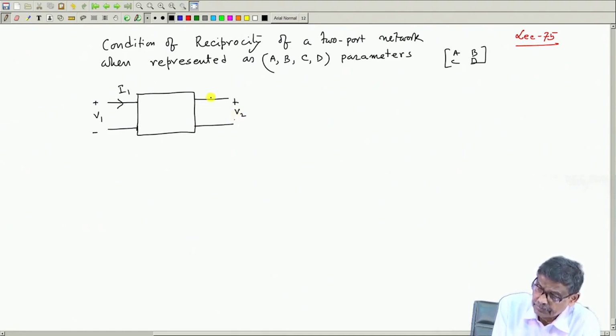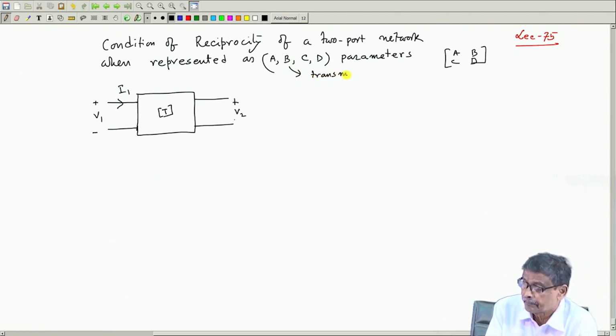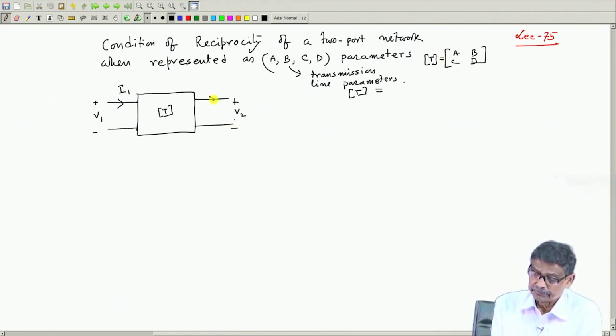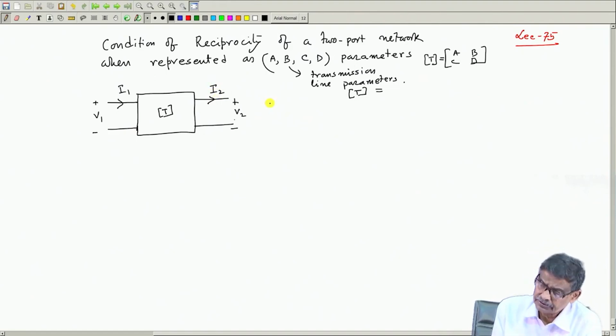In case of ABCD parameters, which are also called T parameters or transmission line parameters, I should be careful about this I2: it is assumed always positive when it is going out.